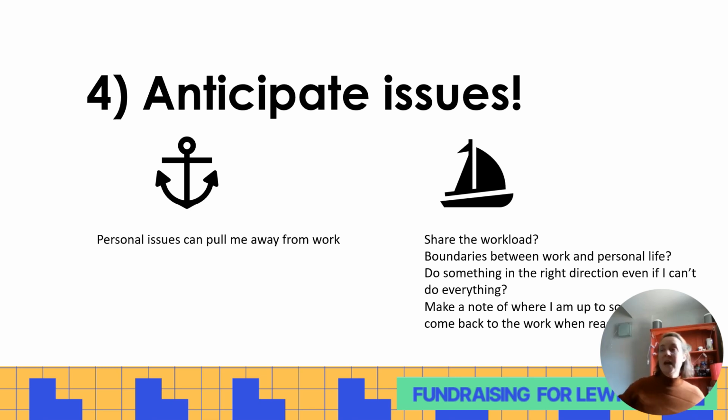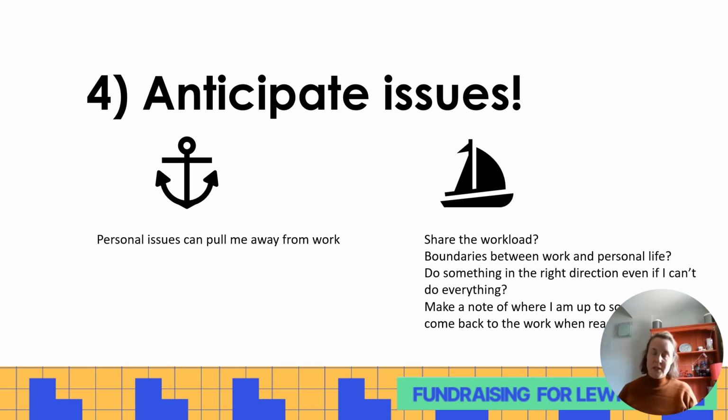So your anchor is pulling you back, your speedboat is trying to get you to where you want to go. So if you've got some anchors, think them through, maybe now. Think through what are the things that can hold you back.